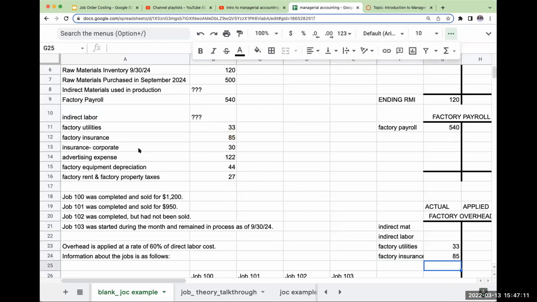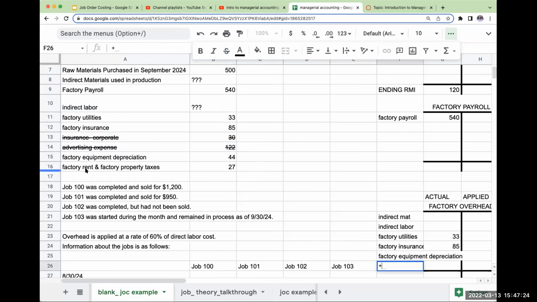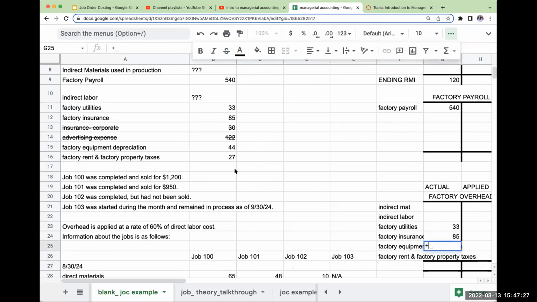I'm going to disregard the insurance corporate, and I'm not going to do that because those are not part of factory overhead. Over here for factory equipment depreciation, it's got the word factory, rent and property taxes. So right over here, this is going to be 44 and this is going to be 27.